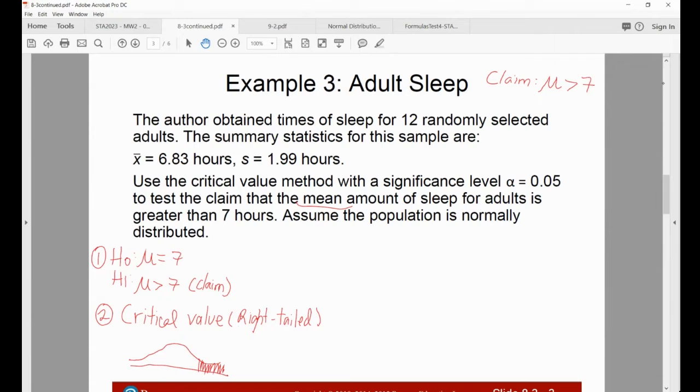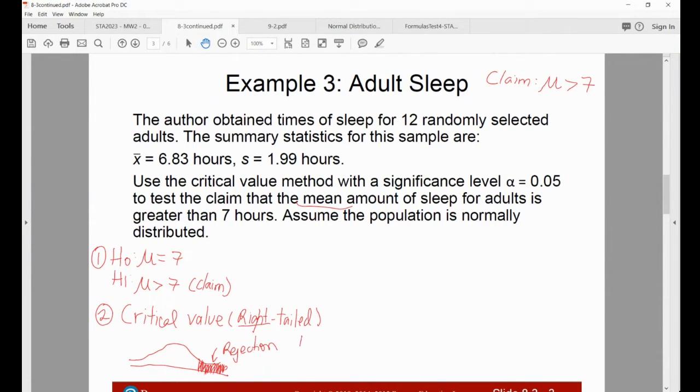Since the test is right tail, the rejection region is the area to the right of the critical value, and the critical value is to the right of 0 because 0 is in the center. So this number is going to be positive. Remember, the critical value is the number that separates the non-rejection region from the rejection region.